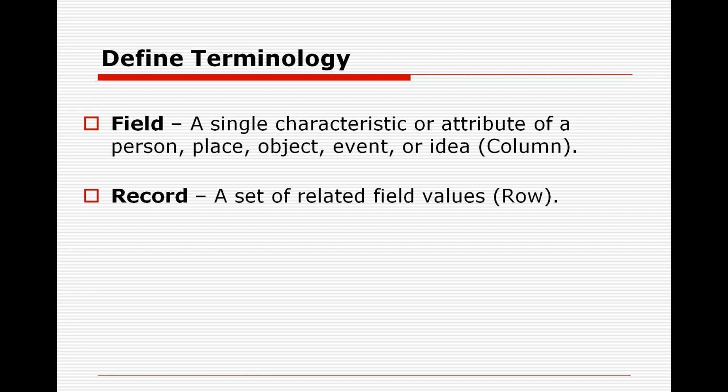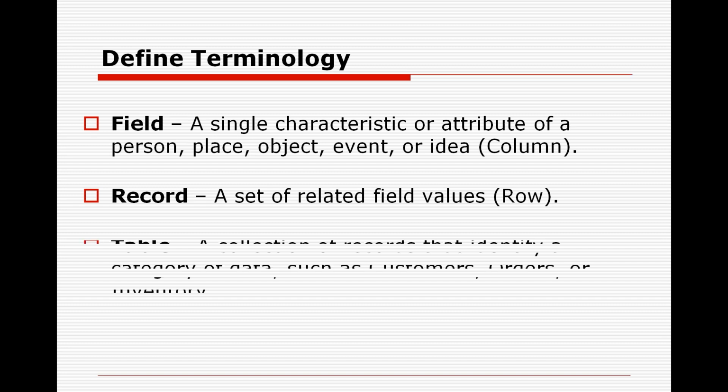Then record, a set of related field values. Simply think about a table. Now you know a field is a column from that table. Then a record is a set of related field values, simply a row in a table, a data record in a table. Field, record.